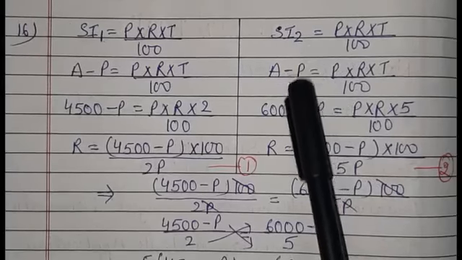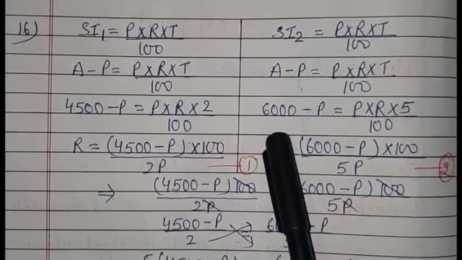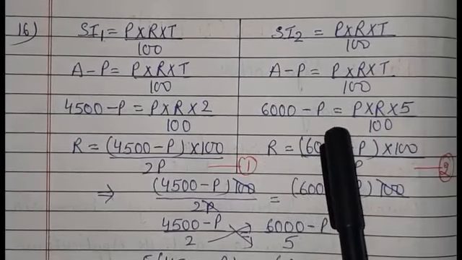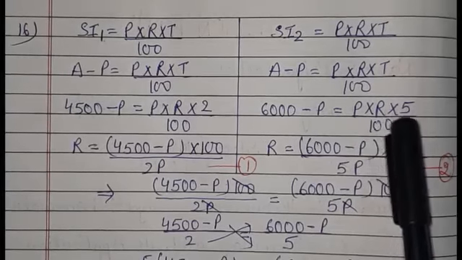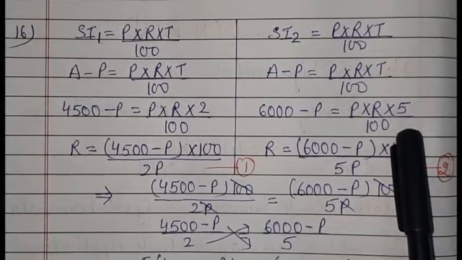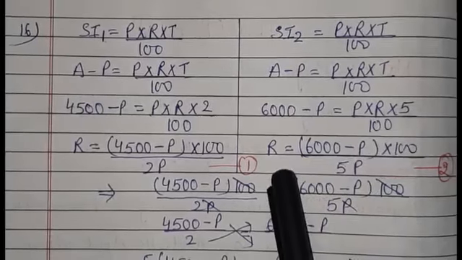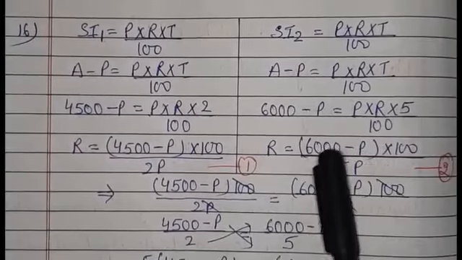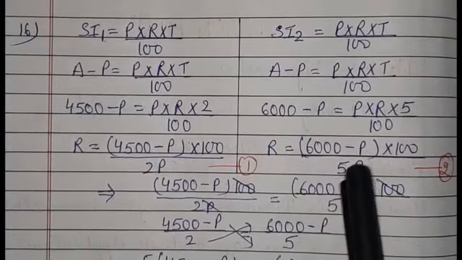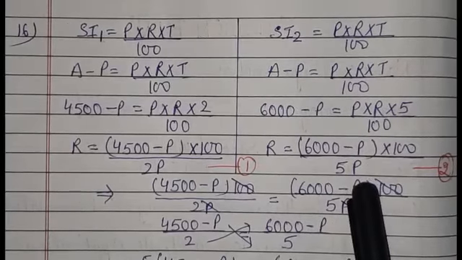We know that simple interest is equals to amount minus principal, and here amount is 6,000 minus principal is equals to principal into rate of interest into time, given 5 years, upon 100. Again calculate R. When we transpose and simplify, it will be 6,000 minus P into 100 upon 5P.